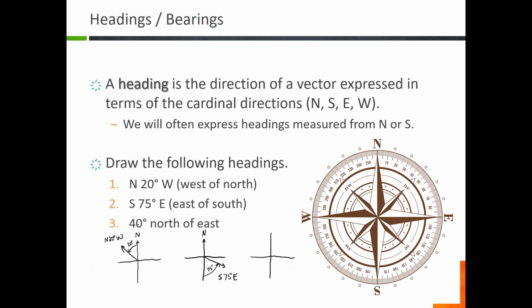And for the last one, it's 40 degrees north of east. Pay attention to the wording there. We start from the east, which is the positive x-axis, and rotate 40 degrees towards the north, so that would be 40 degrees in a counterclockwise direction.